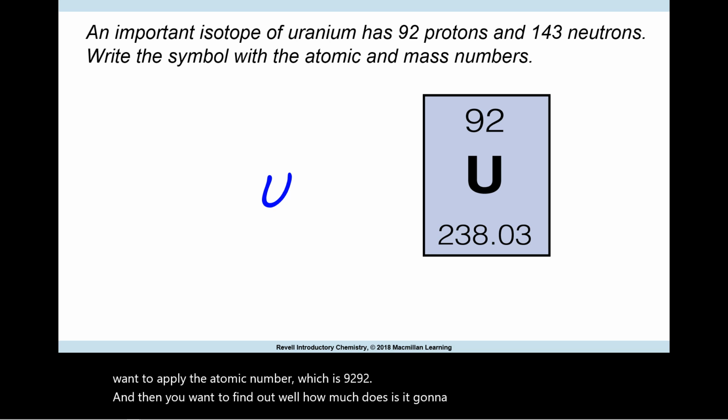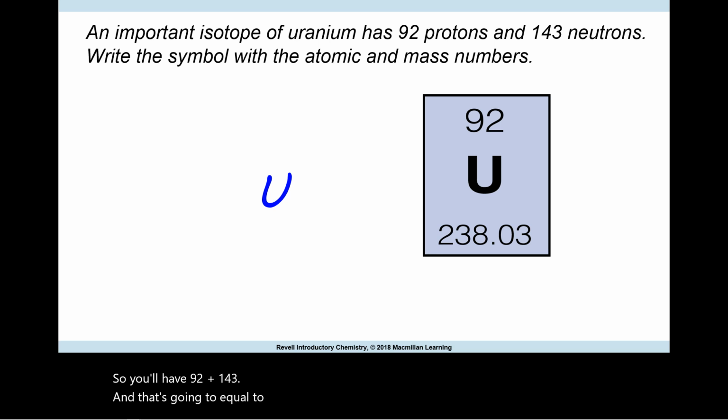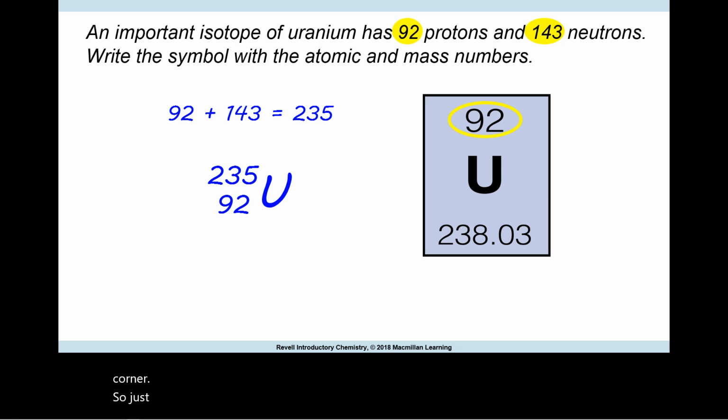To find the mass number, all you do is add together the number of protons and neutrons. So you'll have 92 plus 143, and that's going to equal roughly 235. You write that number on the upper left-hand corner, just like that. Clean it up, box it up, whichever one you want to do.